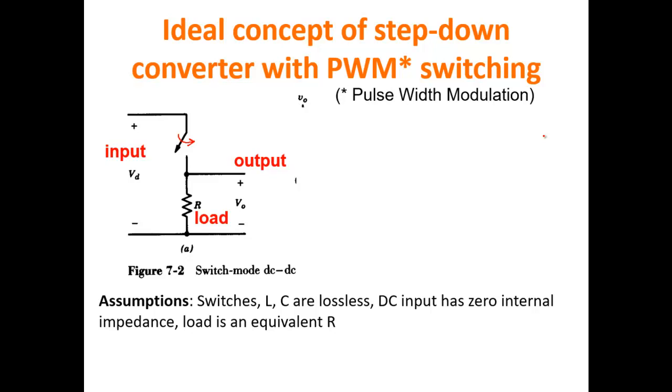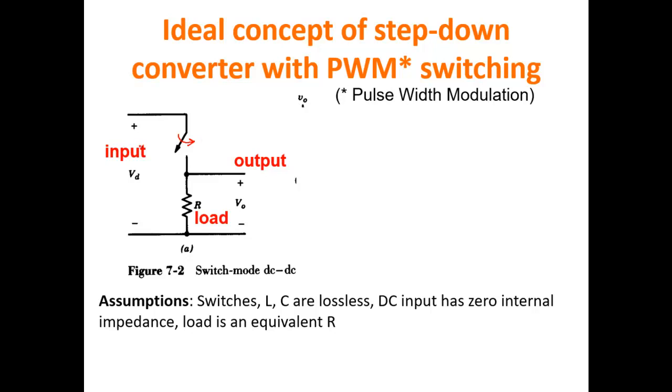Basically, if this is the input on the left and the output on the right, the input in a step-down converter is going to be higher than the output. What you can do is drive this switch, and when the switch is on, the output voltage is equal to the input voltage.